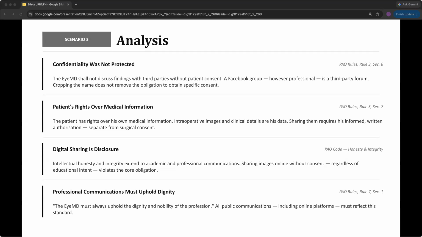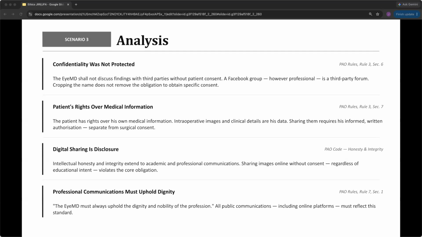Although Dr. Reyes removed the patient's name, she shared multiple identifying details: the patient's age, sex, diagnosis, geographic origin, and hospital affiliation. Individually, as said by Jed, these details may appear harmless, but together they made the patient reasonably identifiable, particularly within a small community and a professional network familiar with local patients and referral patterns. The fact that another physician was able to recognize the patient demonstrates that the risk of re-identification was not merely theoretical, it was foreseeable.